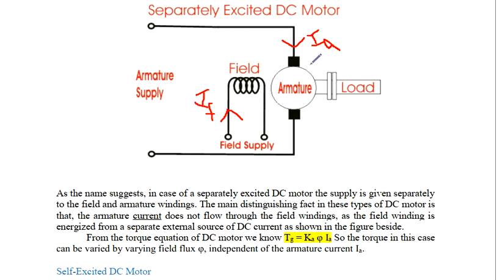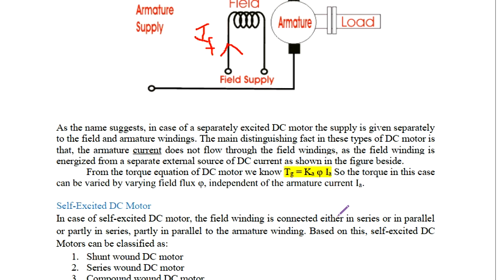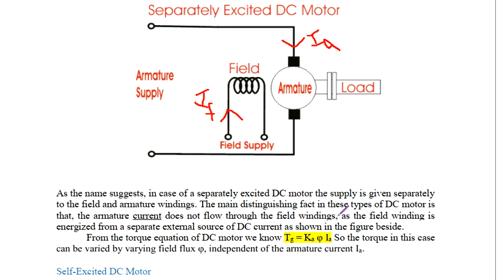Right. They are different because their supplies are different. You can independently control them, and in that way you can also control Tg either by using flux or by using armature current. That's how you can understand it. Fine. This is all about the separately excited DC motor.